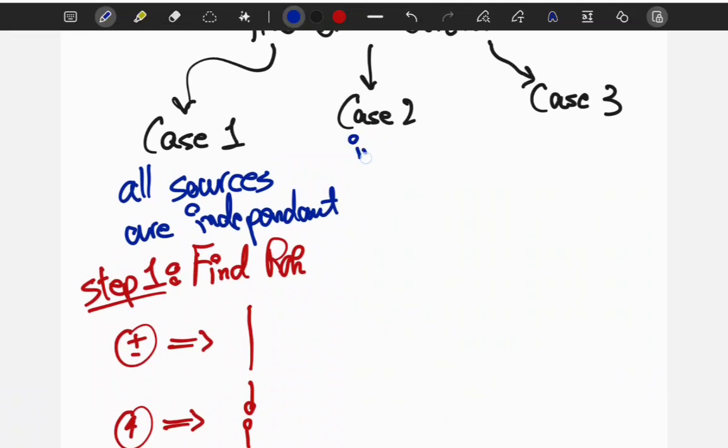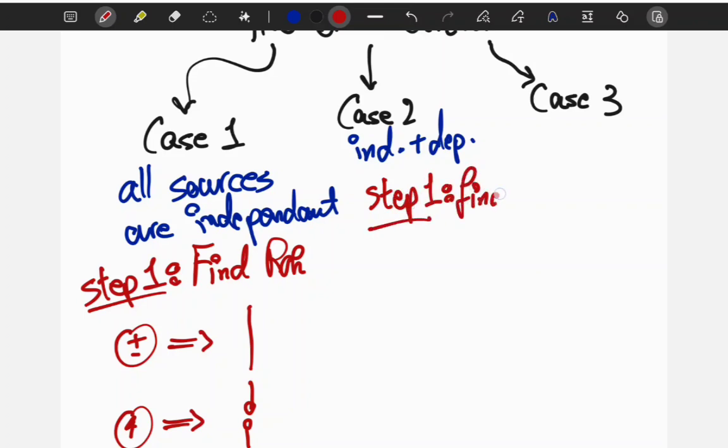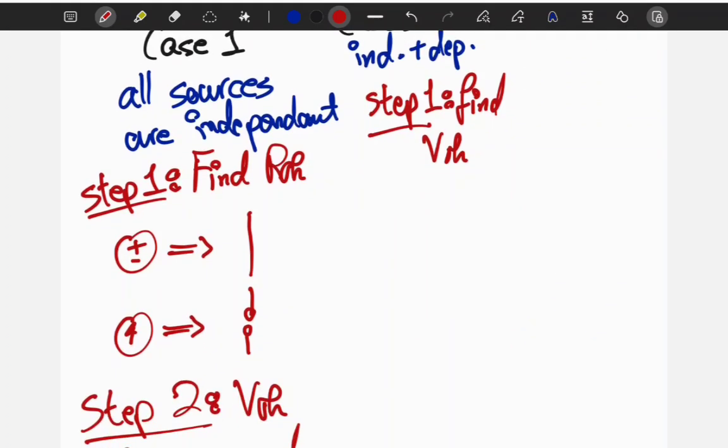So here we have independent plus dependent sources. We have both sources. So step 1, find V Thevenin. Now obviously when I say find V Thevenin, we assume that the terminals where I find it are open circuited, so no current flows through this open circuit.